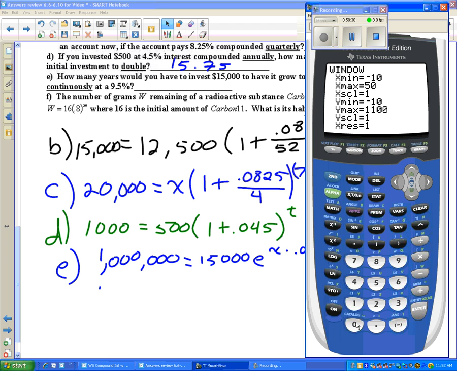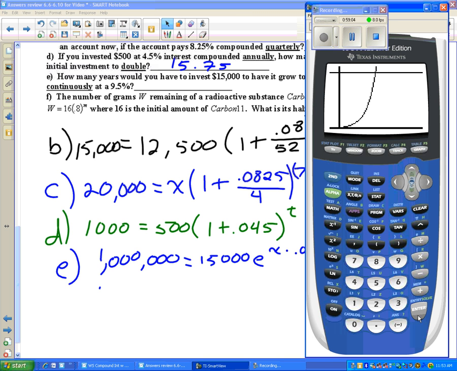So I'm going to do 1,100,000. My x's, I'm going to make 400 because I really don't know. That's probably too much. Let's make it 100 years and see if we can see it. There's my first graph. There's my second. If I can see it, I can find it. Second trace. To go to the calc menu, number 5 is intersection. Hit enter 3 times.